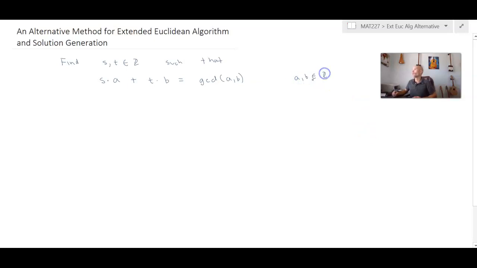The first task, of course, is to find the greatest common divisor. Once we have that, we've seen it as working the Euclidean algorithm backwards, calling it the extended Euclidean algorithm, to find these values s and t.